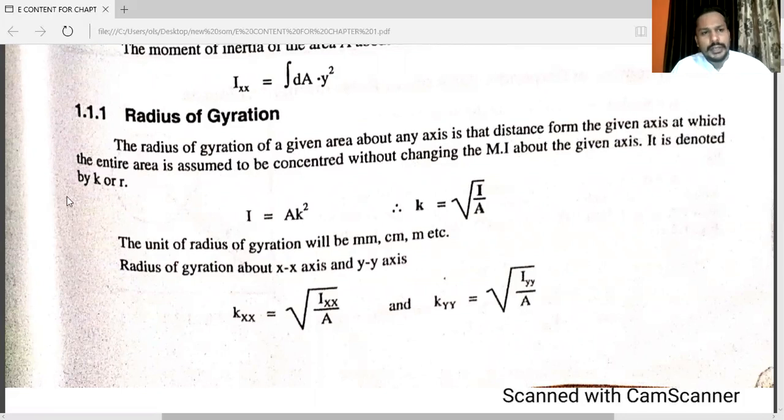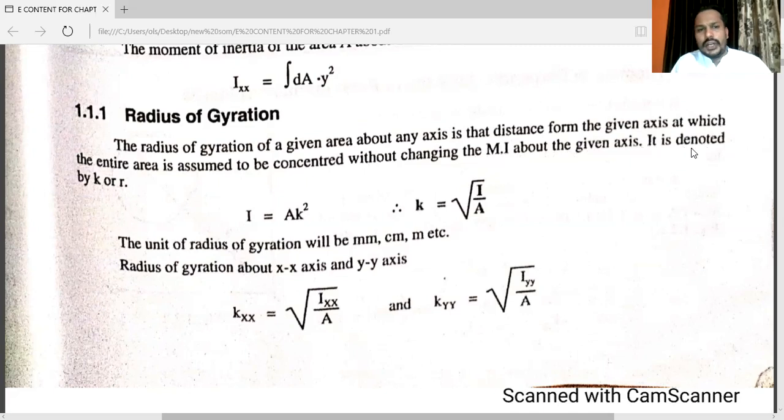See, again I am repeating. The radius of gyration of a given area about any axis is that distance from the given axis at which the entire area is assumed to be concentrated without changing moment of inertia about the given axis.